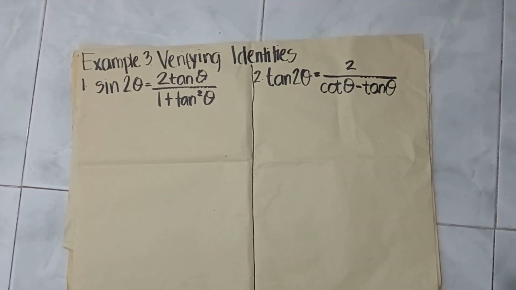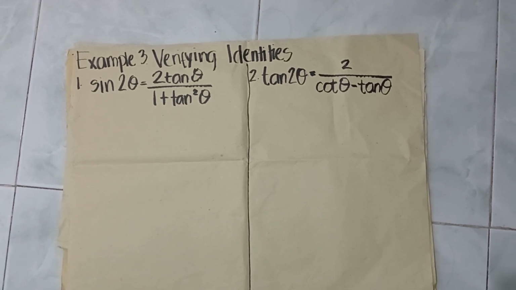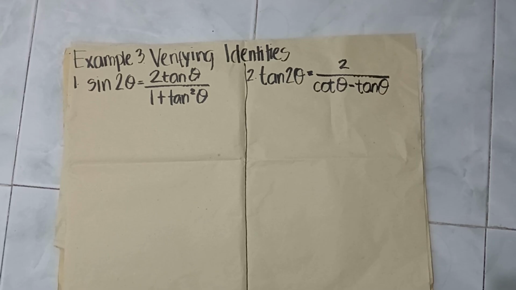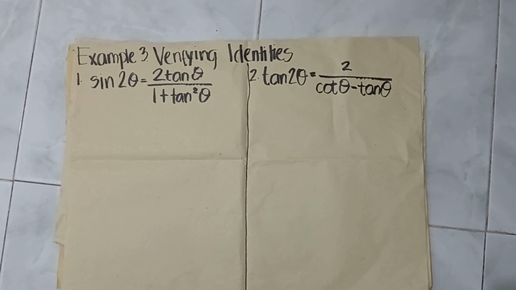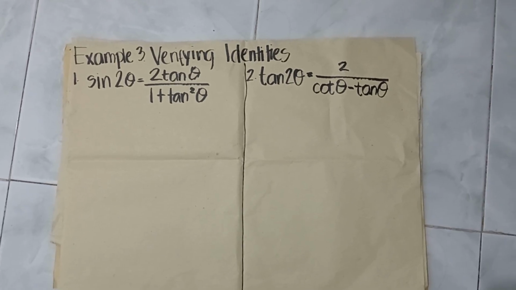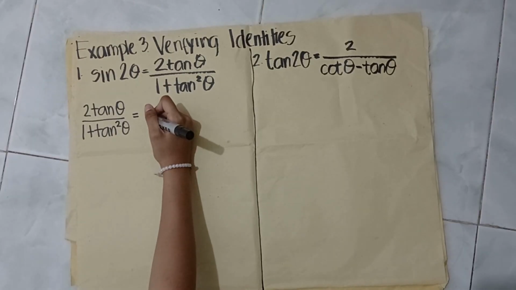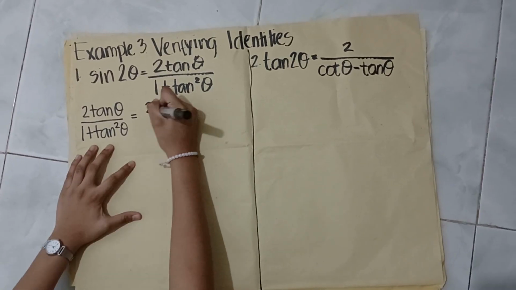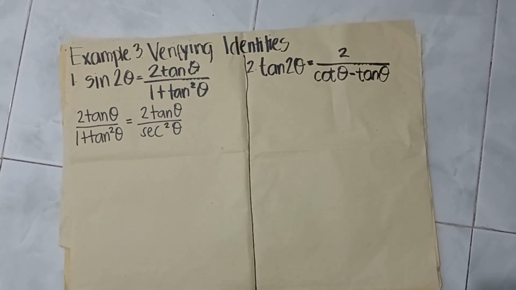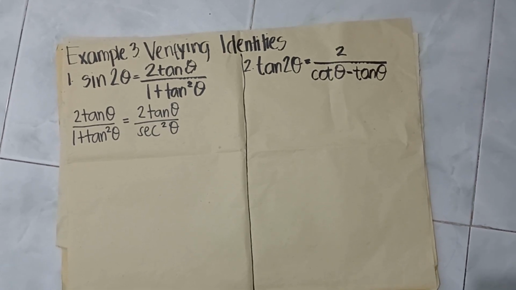We have here the example number 3. Verify these identities. First example, sine 2 theta equals 2 tangent theta over 1 plus tangent squared theta. So we start with the right hand side of the identity. So this is from the Pythagorean identity. Next is the reciprocal and quotient identities.